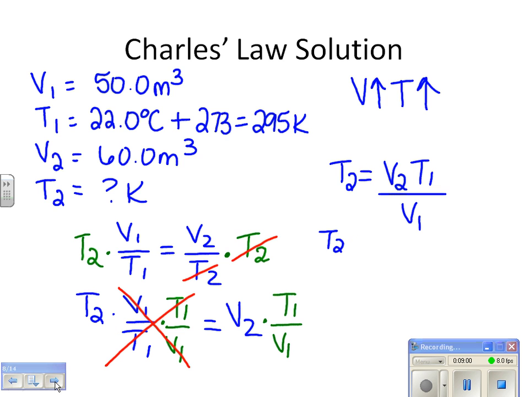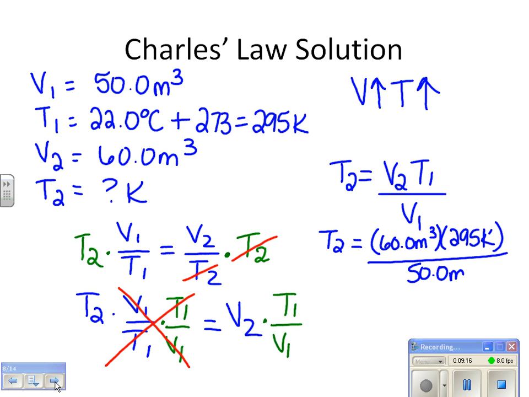Plug in the numbers: 60.0 meters cubed, 295 Kelvin, and 50.0 meters cubed. Meters cubed will cancel. Multiply, divide, and you will have T2.